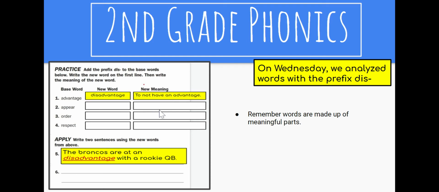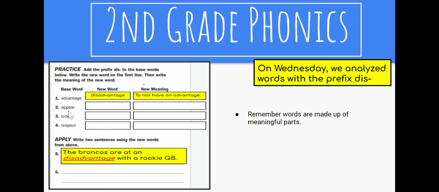If you didn't watch the video yesterday, then you didn't get that the prefix dis meant not or opposite of. So I had Kipsters that were looking in the dictionary or giving me Google definitions of what the word meant. But really, I wanted you to think about when I put this prefix, these letters at the beginning of the word, that changes the meaning.